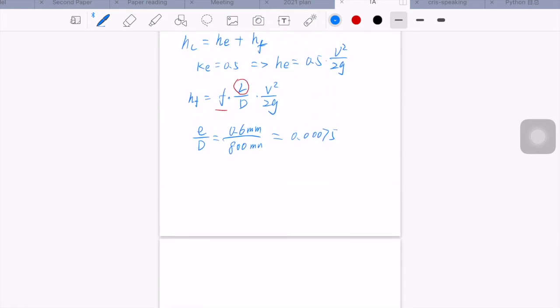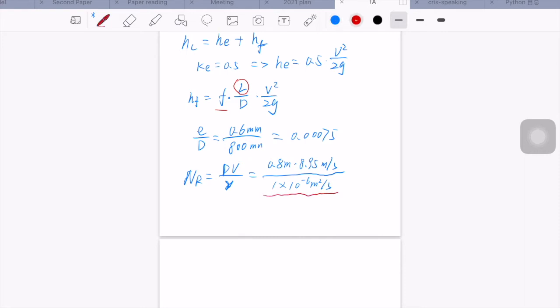And the Reynolds number equals d times v divided by the kinematic viscosity. So the value is 0.8 meter times 8.95 meter per second divided by 1 times 10 to the power of -6 square meter per second.